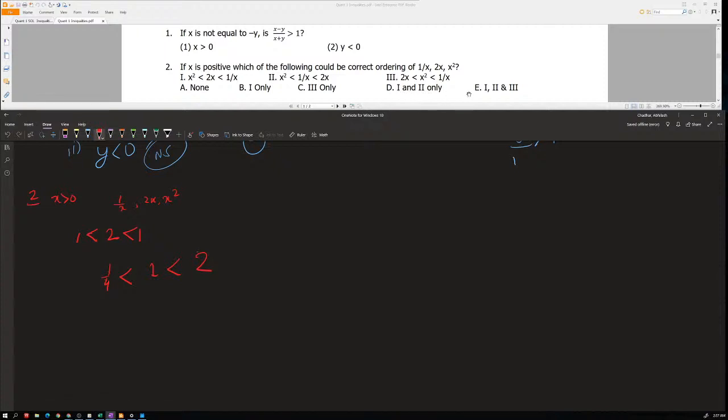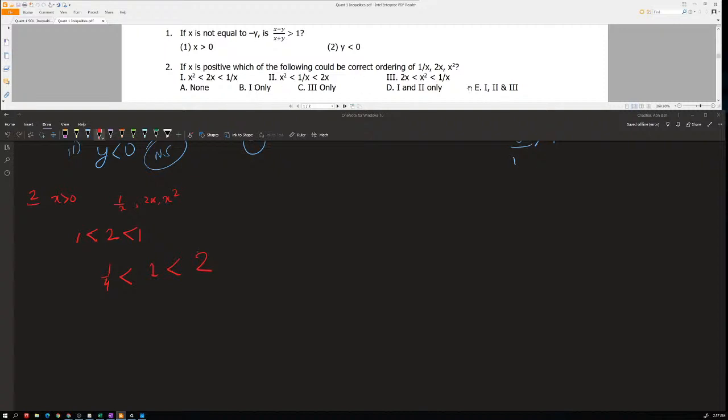So we will get an option from D and E, and the only difference between D and E is the third condition. So let's take the third condition. The second is anyways in both of them. First, let's check 3.